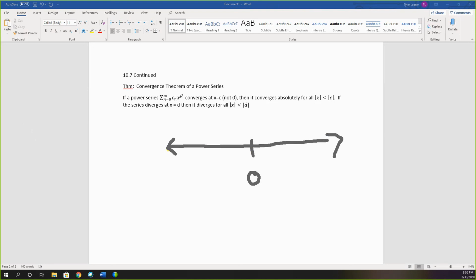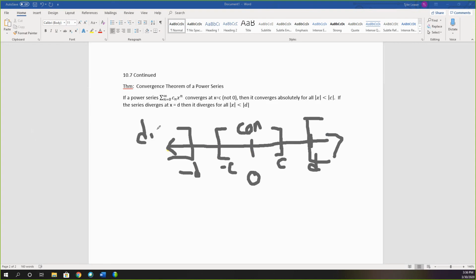So if it is centered at 0, if you find some value c and you know it converges there, you automatically get that it converges at all values between c and negative c. So this would be where it converges. If you find some place d where you know it diverges, then you automatically get that it diverges everywhere above d and everywhere below negative d.